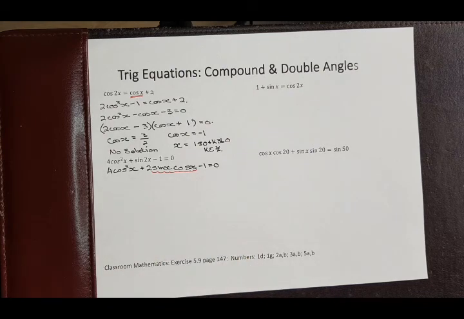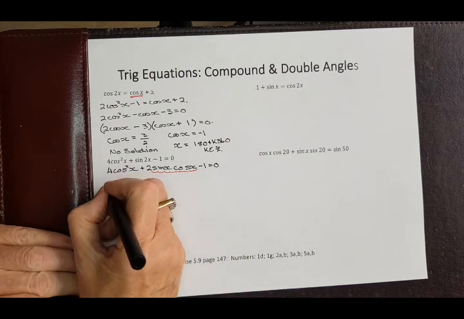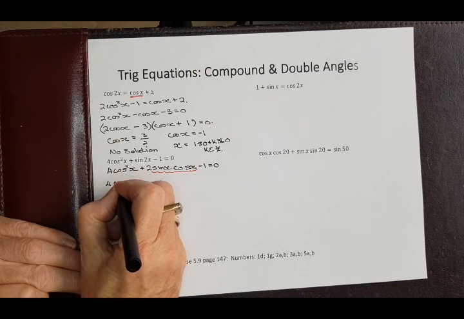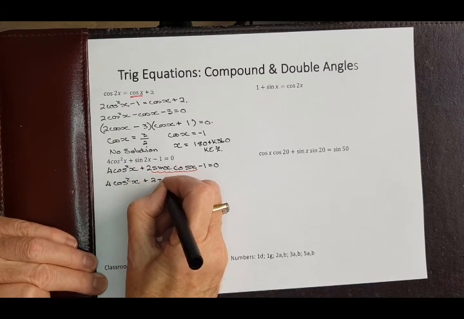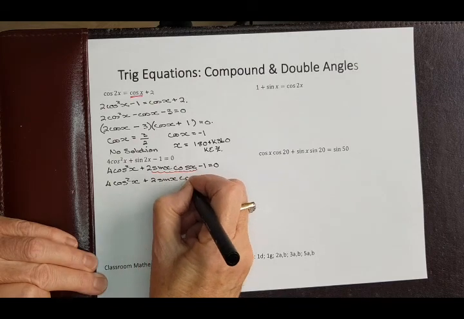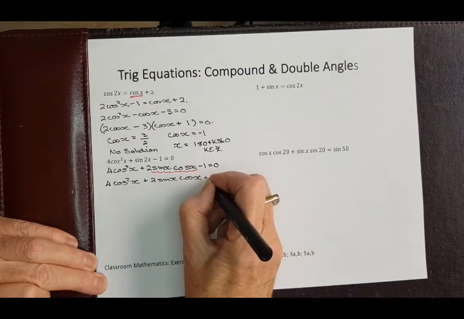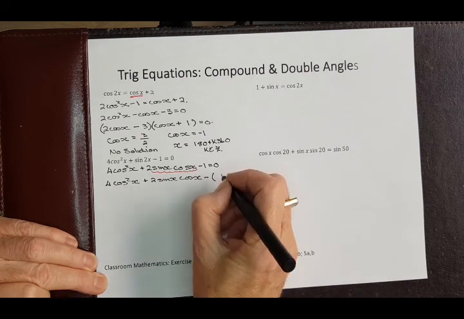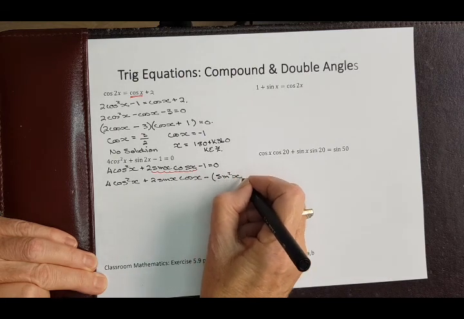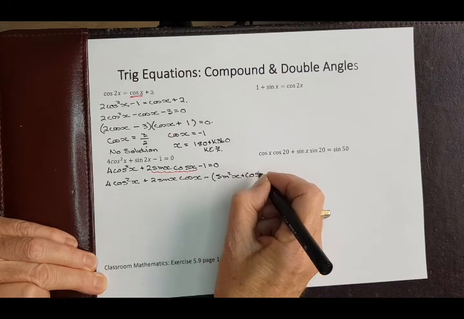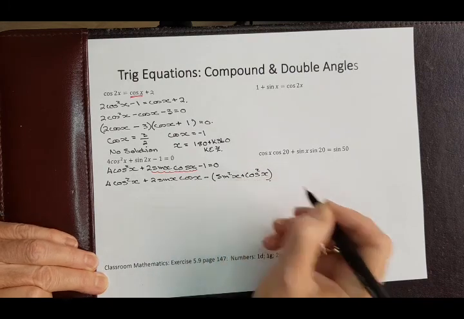So I'm going to replace that number 1. I'm going to write 4 cos squared x plus 2 sine x cos x minus, remember to substitute in a bracket, the number 1 is sine squared x plus cos squared x.